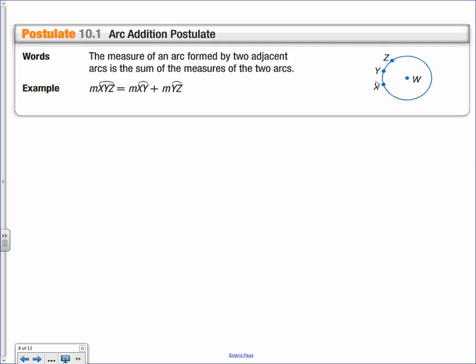We can do an example. If XY were 20 and YZ were 25, then XYZ is 45.